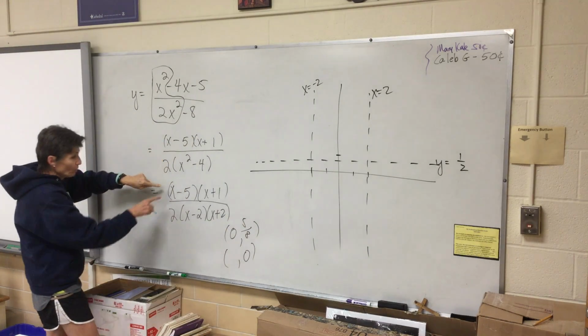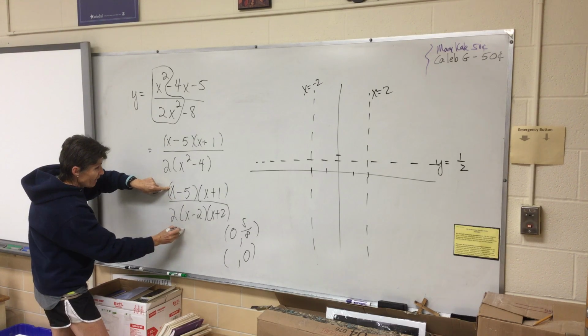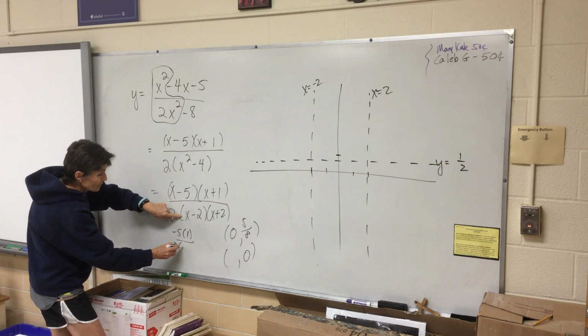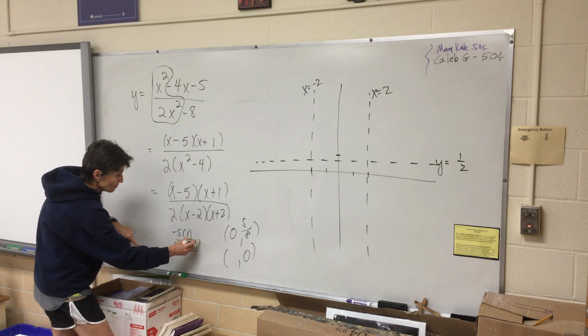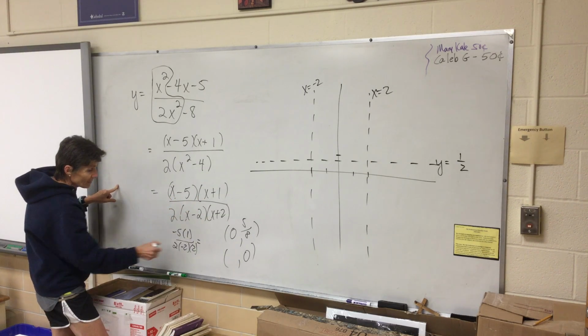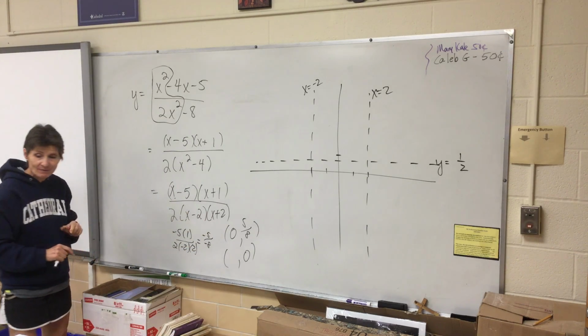But if you put them in here, you're going to get the same thing. You're going to get negative 5 times 1 over 2 times negative 2 times 2. When you do that arithmetic, I just put 0 in all those spots. I get negative 5 over negative 8, which gives me my 5/8.